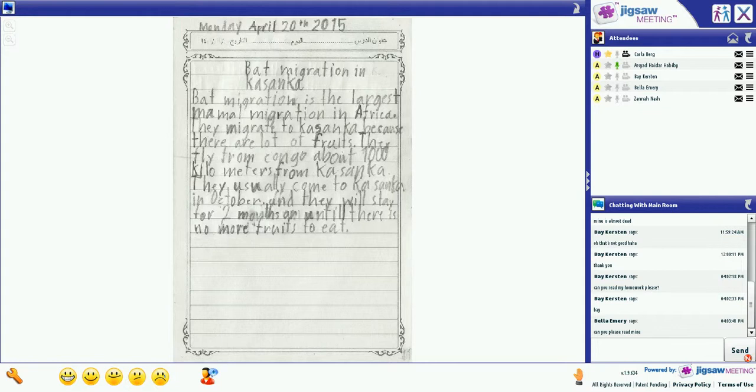They fly from Congo about 1,000 kilometers to Kasanka. They usually come to Kasanka in October, and they will stay for 2 months until there is no more fruits to eat. Very good. Thank you very much. Great job. Oh, Xana, do you have a question?